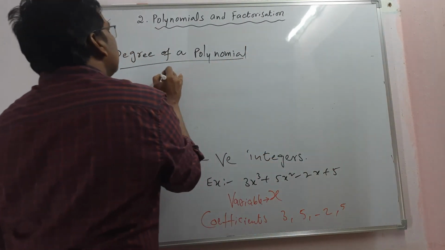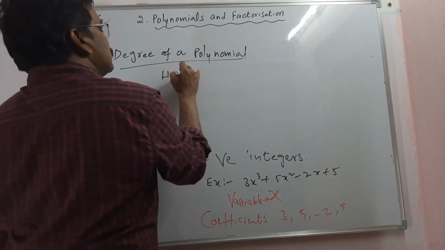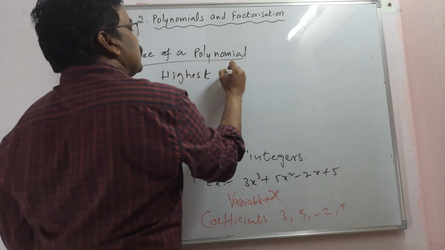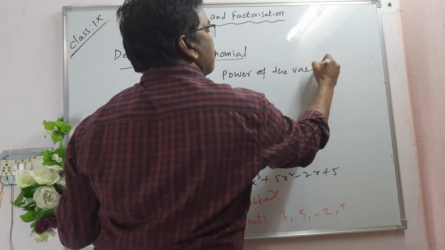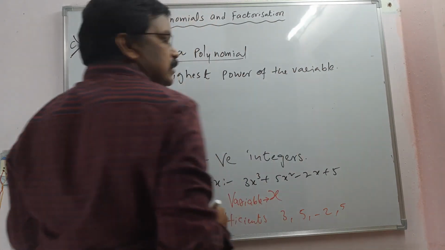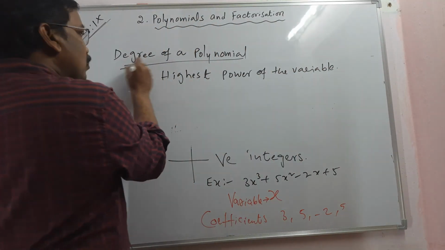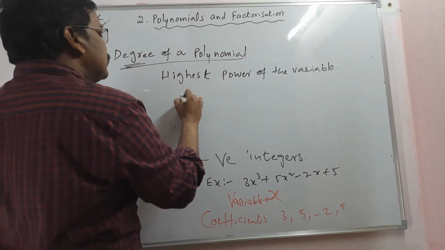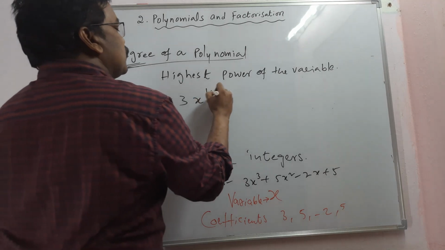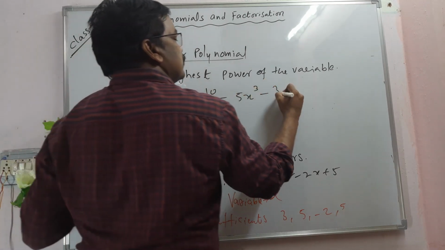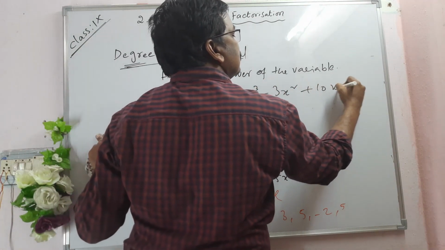I can give you an example. Highest power of the variable is called degree of a polynomial. Example: 3x power 10 minus 5x cube minus 3x square plus 10x minus 5.